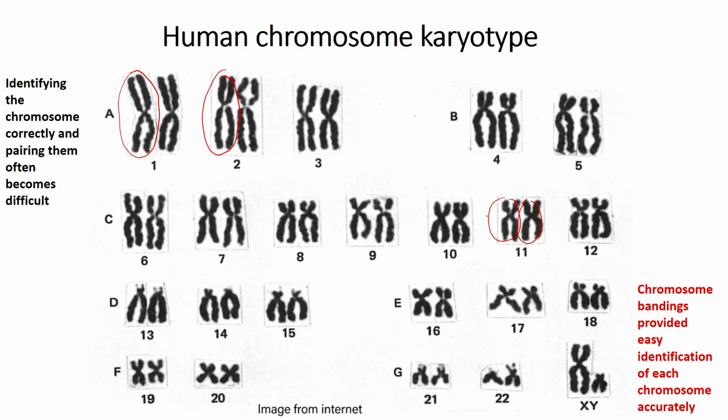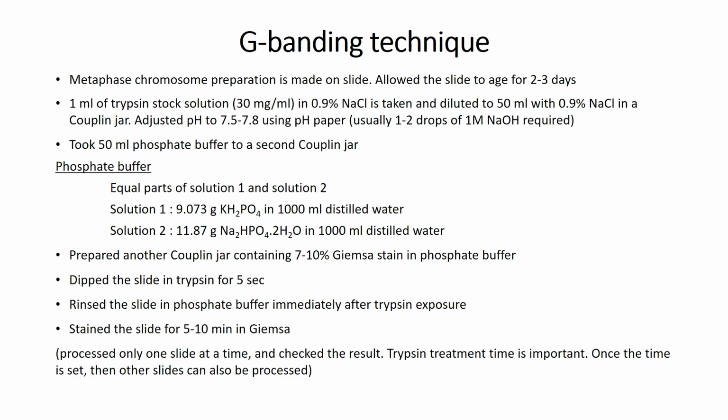One tried many different banding techniques, and these chromosome bandings provided easy and accurate identification of each chromosome. Out of the many bandings initiated during those times, G banding is the most common and most reliable one, since those days, even today.